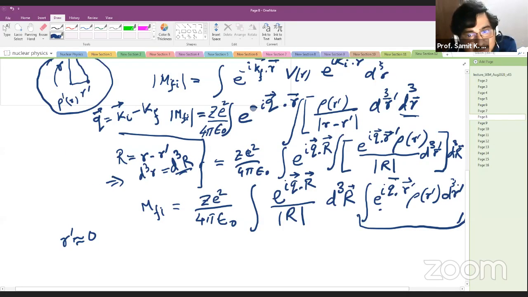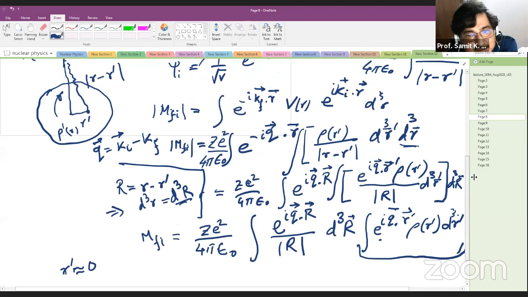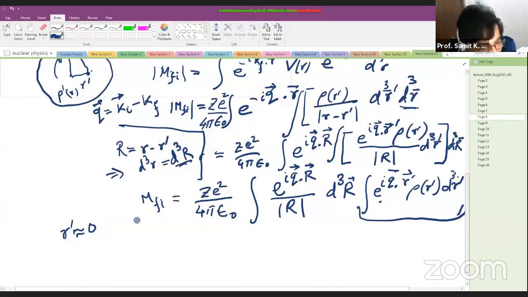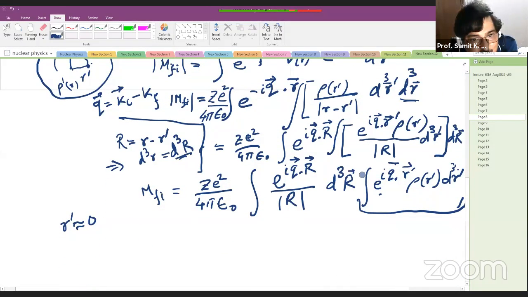That means your nucleus, because here r prime is the distance of a point from the center of mass. Now, if I consider r prime is 0, this is nothing but a point-like object. So if your nucleus is a point-like object, then this particular quantity goes to 1, because r prime equals 0.